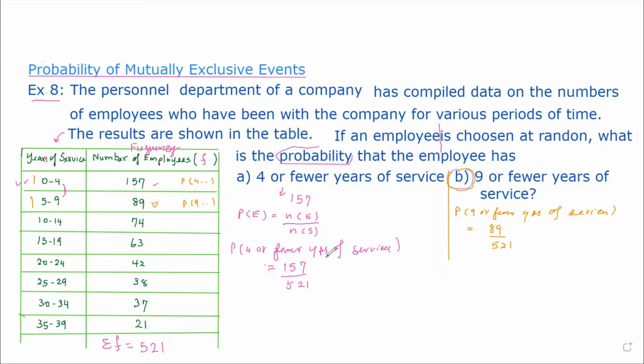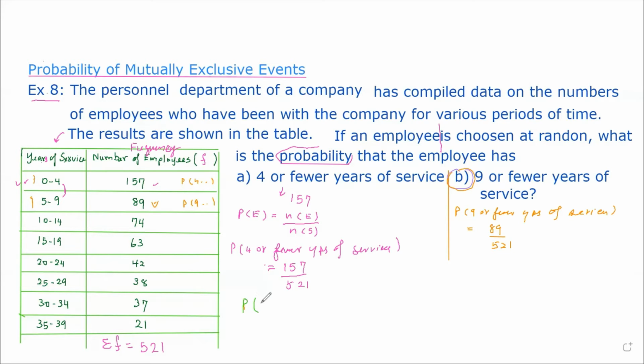So if you use the formula of mutually exclusive, which means they have no common outcomes, correct? We're going to have the probability of the union.